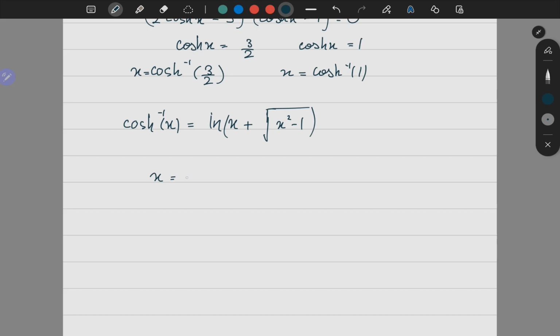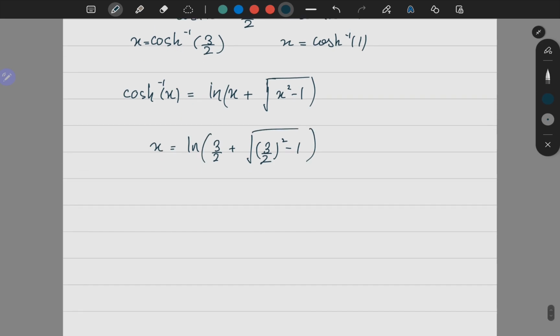And then x is just going to be natural log of 3 over 2 plus square root of 3 over 2 squared minus 1. And when I do simplify this, before I do that, let me get the other one done. That will be natural log of 1 plus square root of 1 squared minus 1.